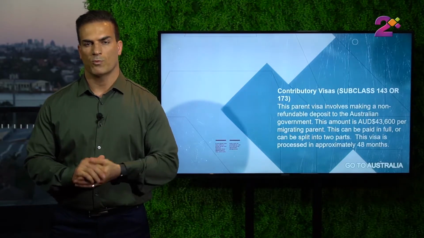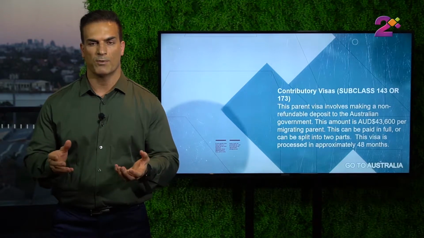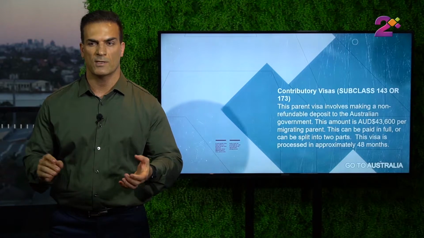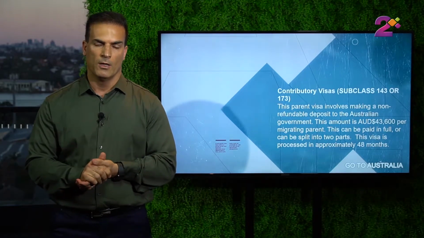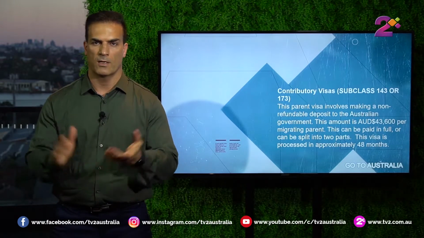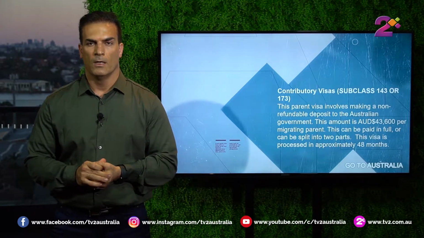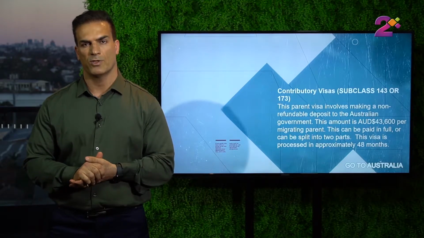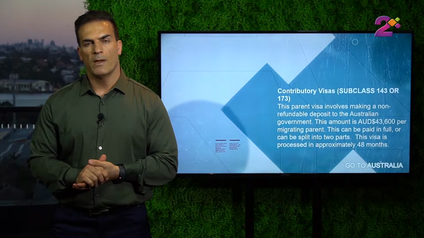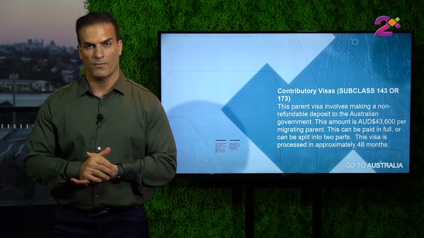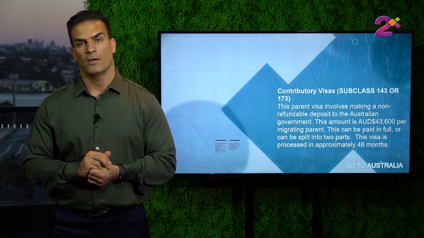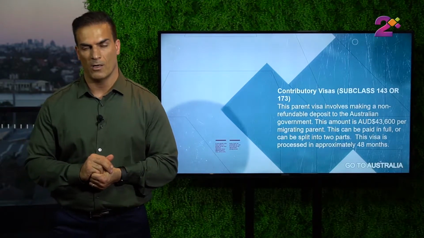The difference is mainly that for the temporary one, you pay less money and get a temporary 2-year visa, and then if you decide, you go ahead with the permanent one, and if not, you can basically return to your home country. For subclass 143, the permanent contributory parent visa, you will make a non-refundable payment of nearly $44,000 to the government when they're going to issue or grant you the visa.